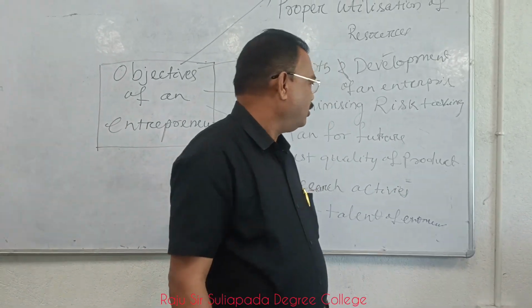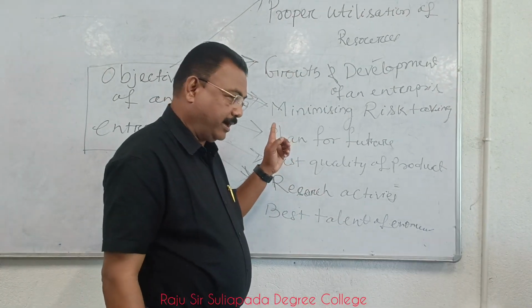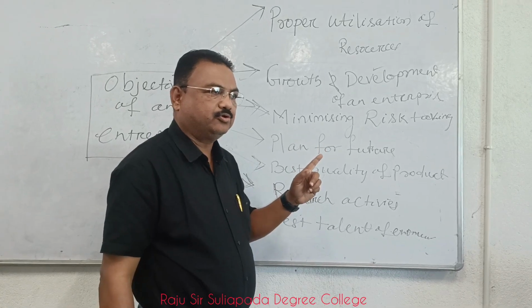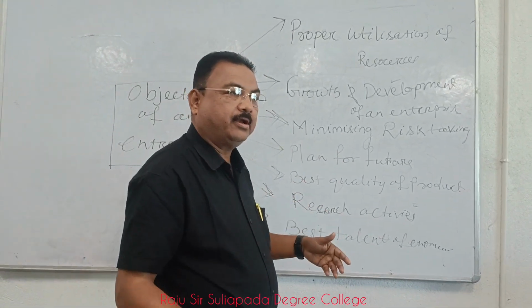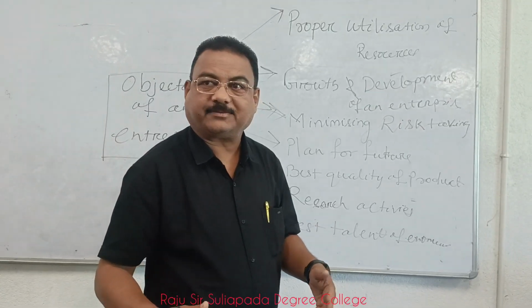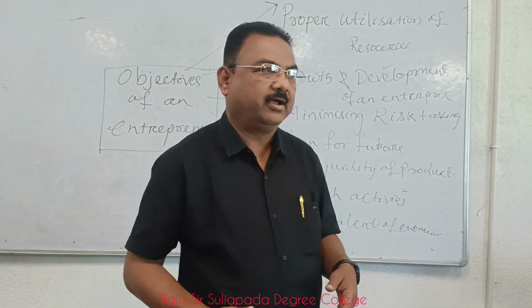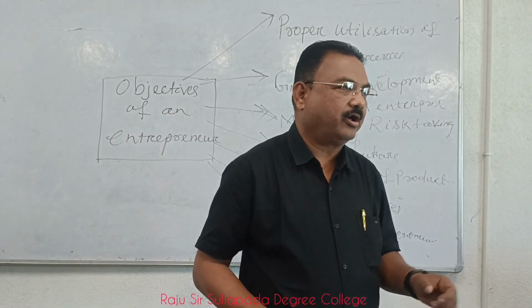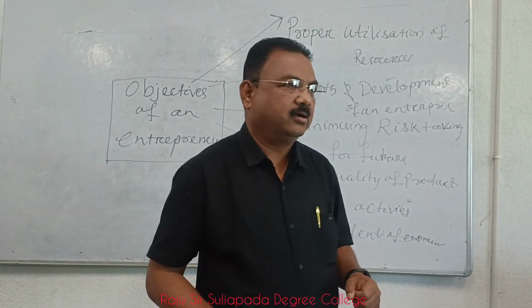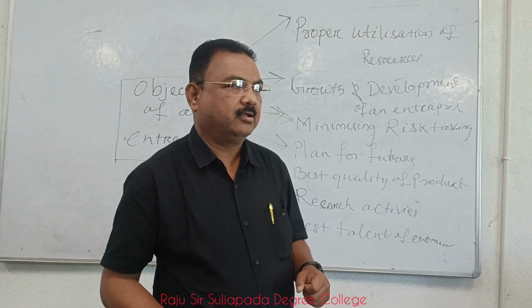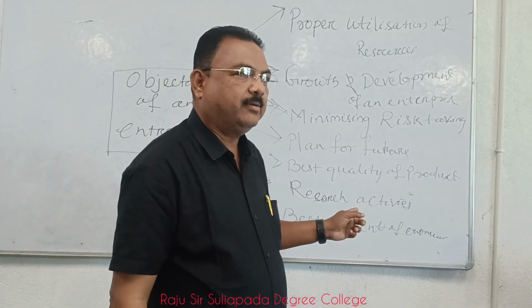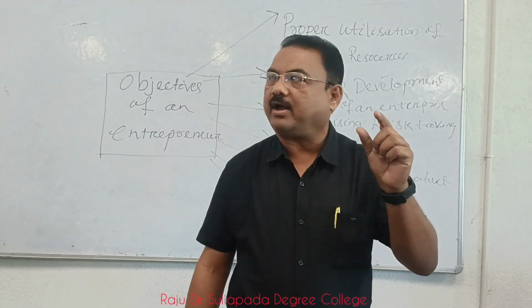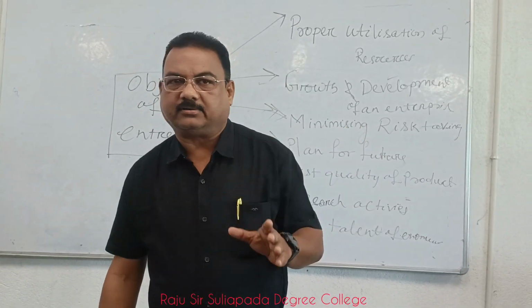So the entrepreneur's objective should be to employ a specialist in the field of production or in an enterprise. As a result, he will provide the best quality of product.